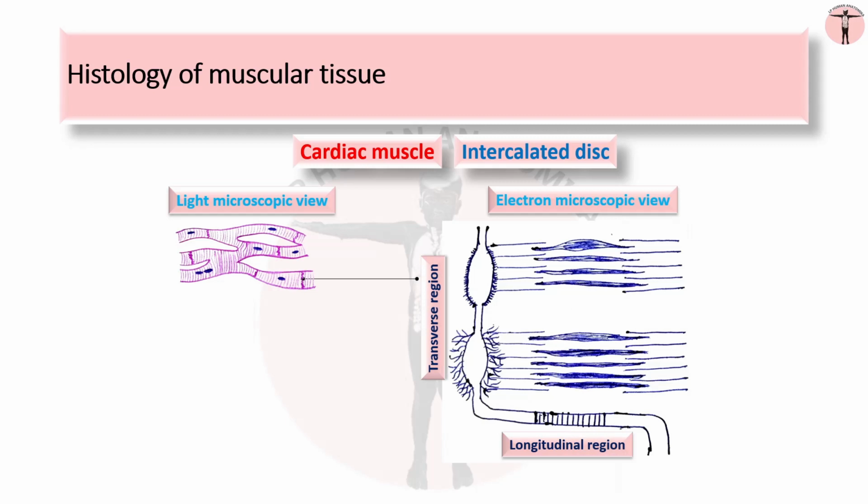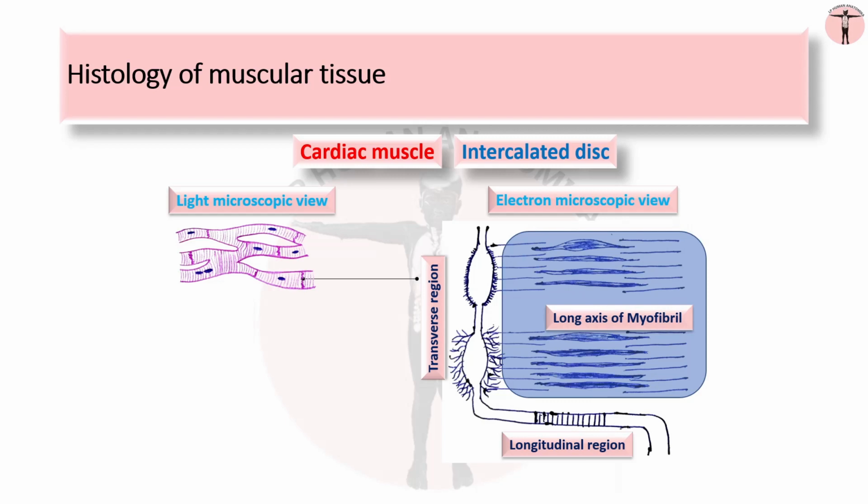When we talk about longitudinal and transverse parts of the intercalated disc, it is in context with the long axis of the myofibril. The transverse part is oriented perpendicular to the myofibril and the longitudinal part is oriented parallel to the myofibril.